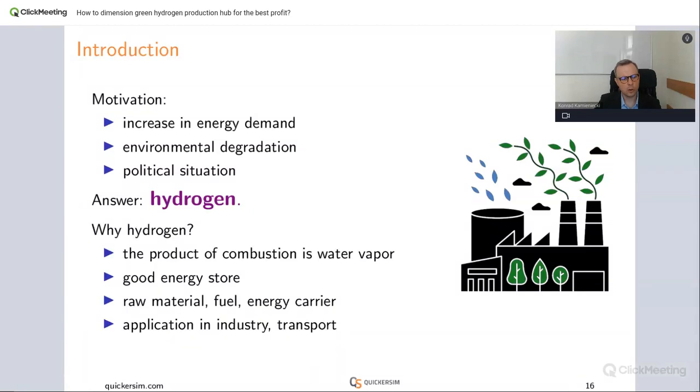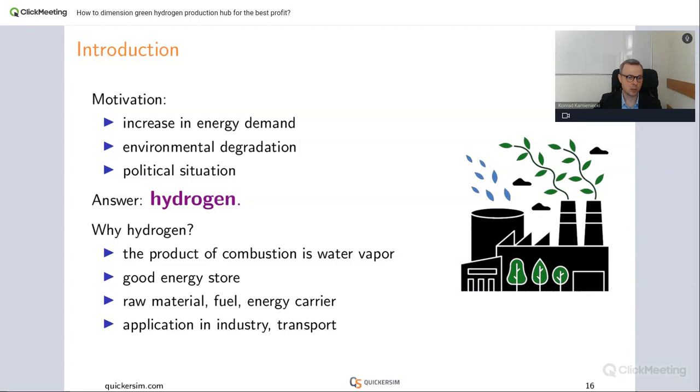Probably we all know why hydrogen is a good answer. One of the advantages is that we have vapor as a product of hydrogen combustion. This is pretty important, as this is environmentally neutral. And we can use hydrogen as an energy store. It has some challenges, but we can use it.